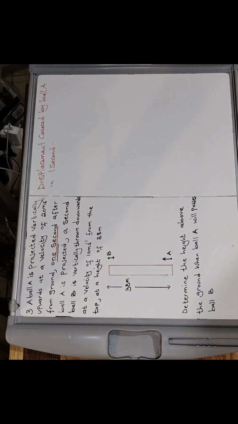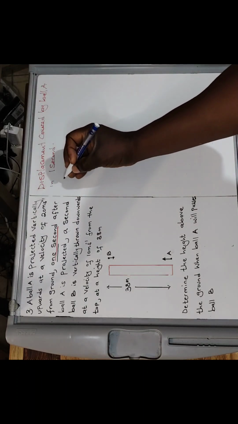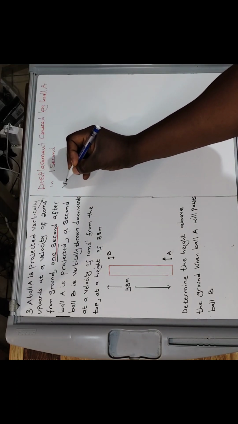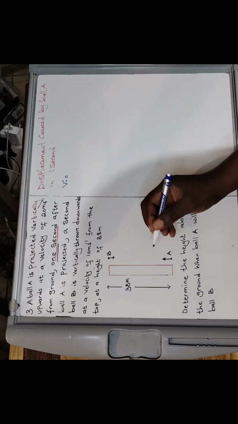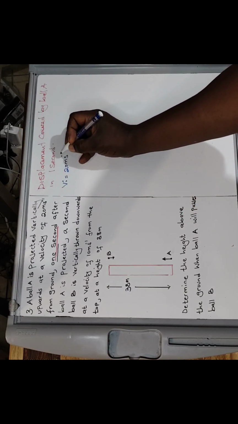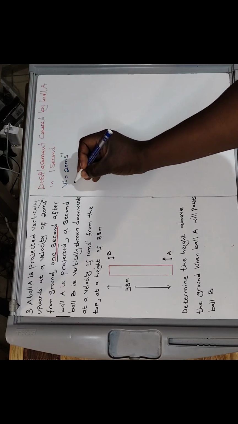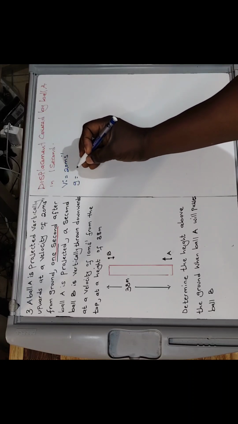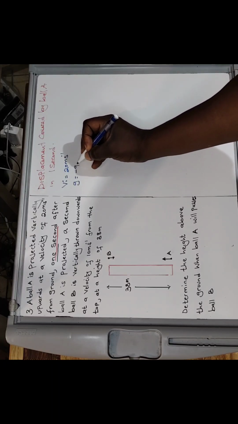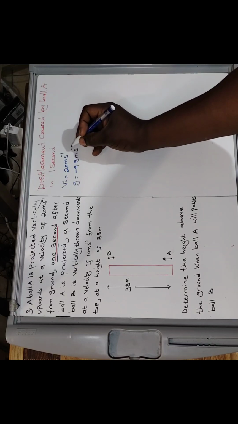Okay, how do you go about that? This is what we know. For ball A, we know initial velocity, and it is 20 meters per second. By maintaining it positive, it means that I've chosen upward positive. So my g is going to be negative 9.8 meters per second squared.